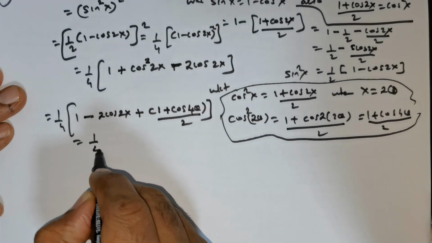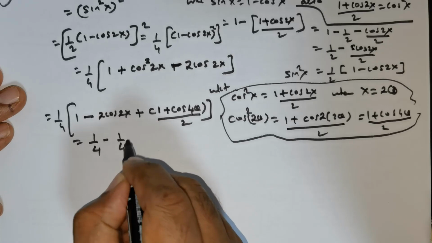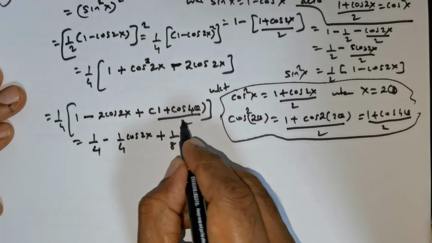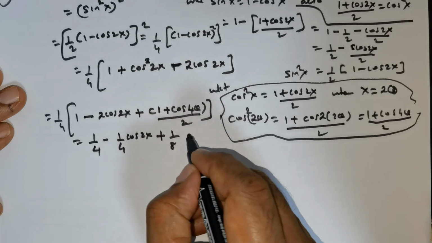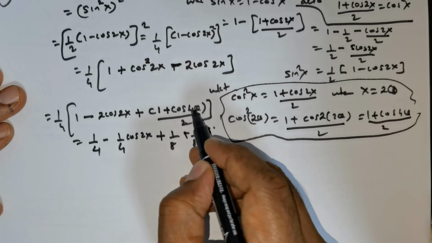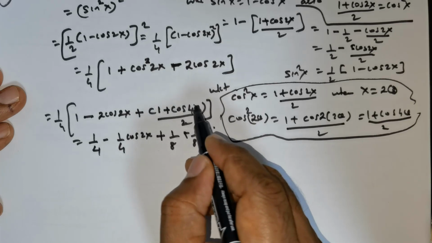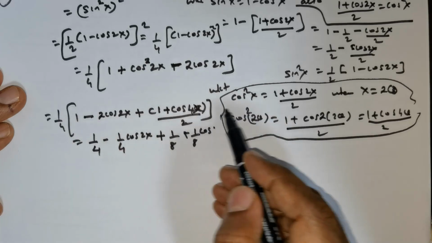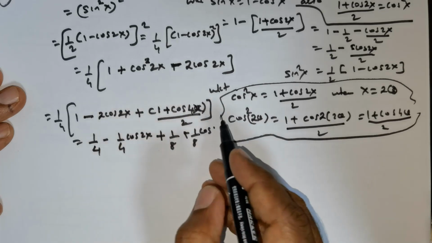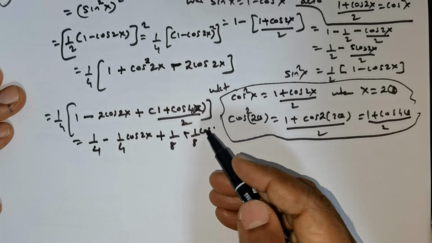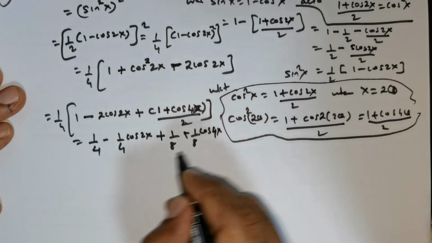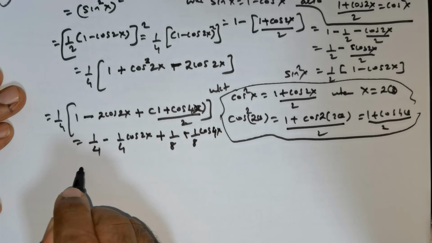That would give me 1 over 4 - 1 over 4 cos 2x + 1 over 8 because of the presence of 1 over 2, and then + 1 over 8 times cos. In fact, I don't have to write it as theta, I will place it as x because this is the side note, so I'm transferring it. Thereby the translation has to take place from theta to x. So you get 1 over 8 times cos 4x.